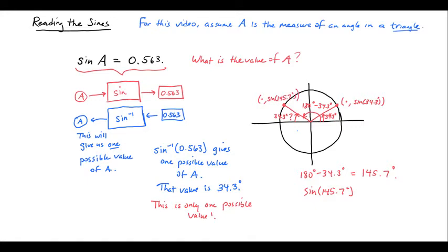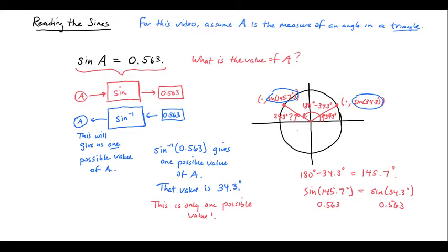So that means that these two y-coordinates are the exact same, which means that the sine of 145.7 degrees is the same as the sine of 34.3 degrees. And we said earlier the sine of 34.3 degrees, that is 0.563. Check my work on that. Actually use a calculator. Check that the sine of 34.3 degrees is 0.563. But so is the sine of 145.7 degrees.